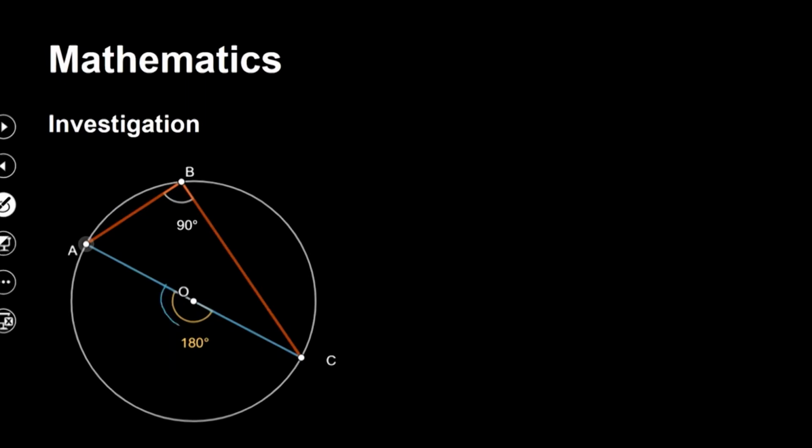So this angle is 180 degrees. It means the angle that this arc here subtends as well, but now on the circumference of the circle, must be half of this, because we said they have a relationship of 2:1. Then this becomes a 90-degree angle that I have there.